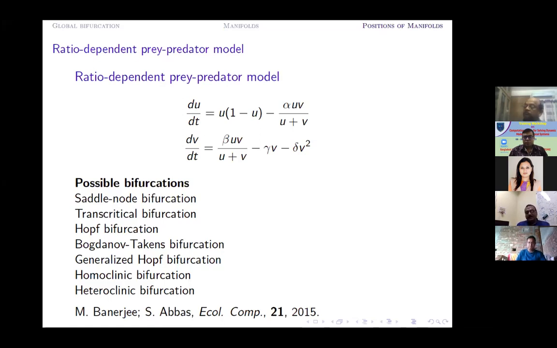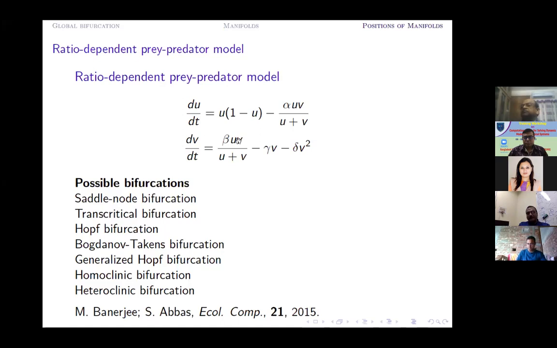One quick clarification is that in this case, you can actually prove that for feasible existence, all the time we should have beta at least greater than gamma plus delta. It is a rough estimate, because we need some sort of resulting positive growth for the predator.